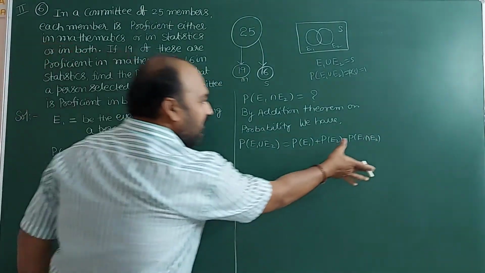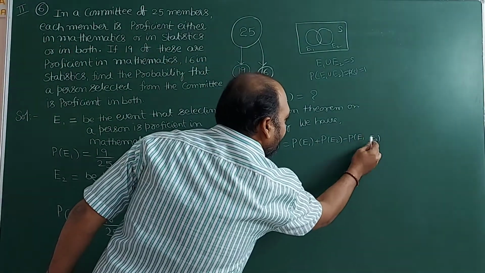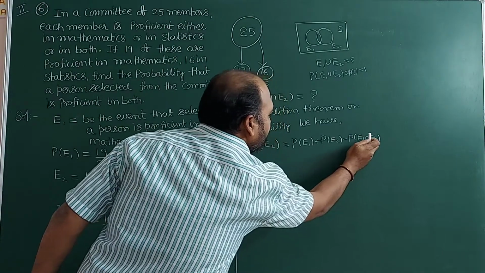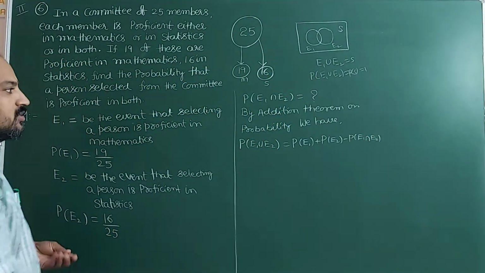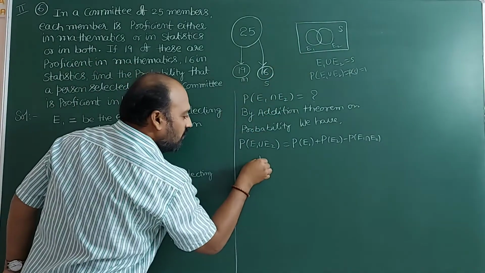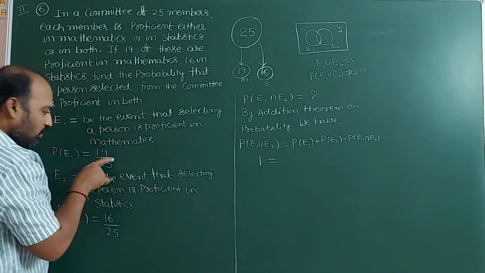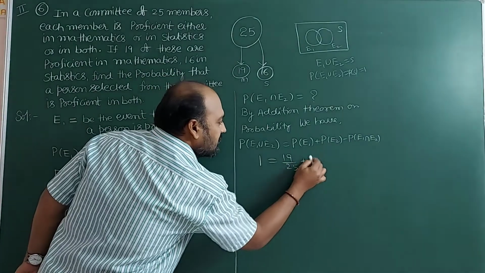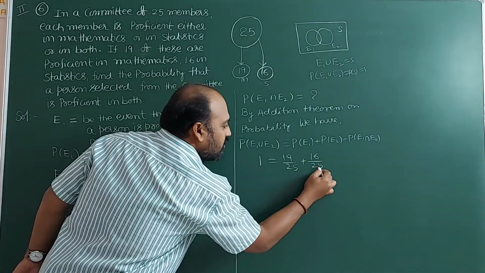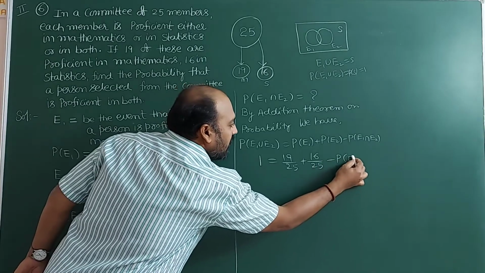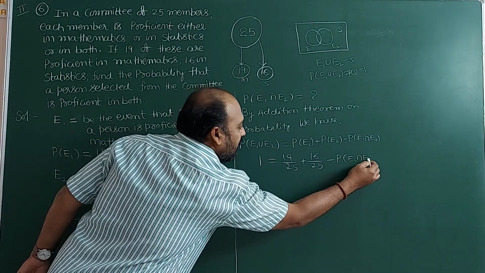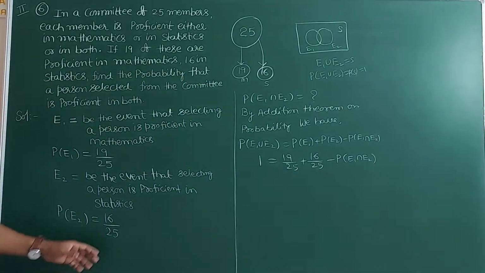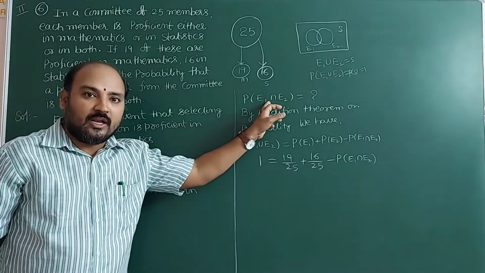So this is the required value, dear students. P of E1 union E2 value is 1, P of E1 value 19 by 25, plus P of E2 value 16 by 25, minus P of E1 intersection E2. That is the required result we are going to calculate.